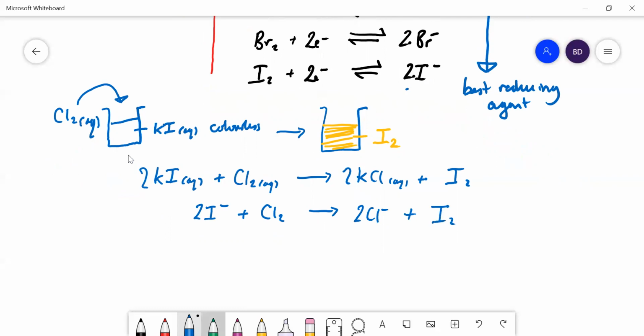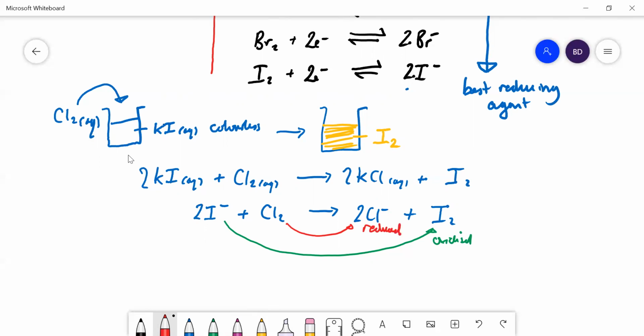So we can see all that's happened there really is that the iodine has become oxidized because it's lost electrons, and the chlorine has become reduced because it's gained electrons.